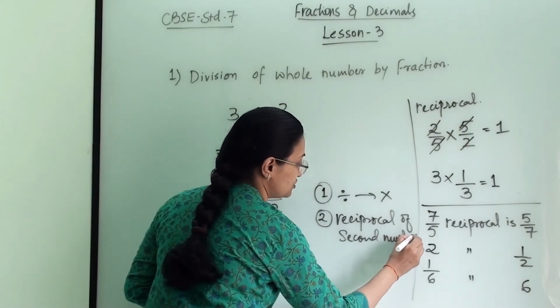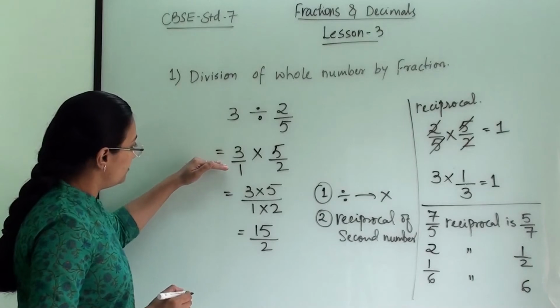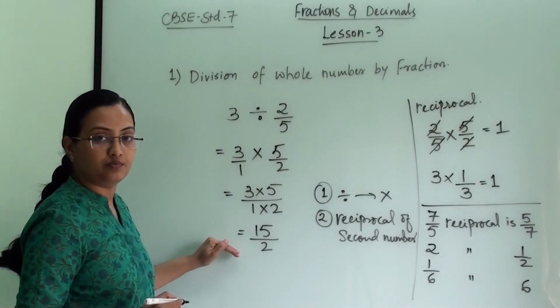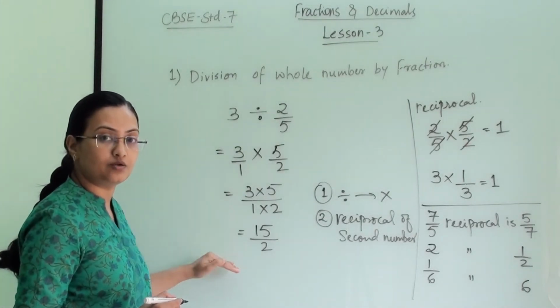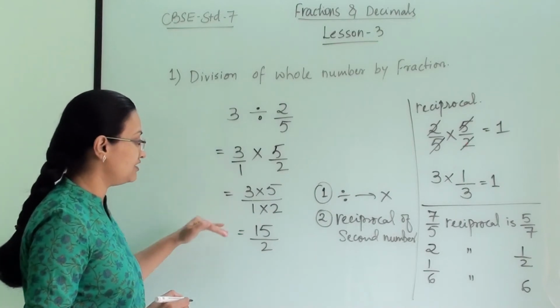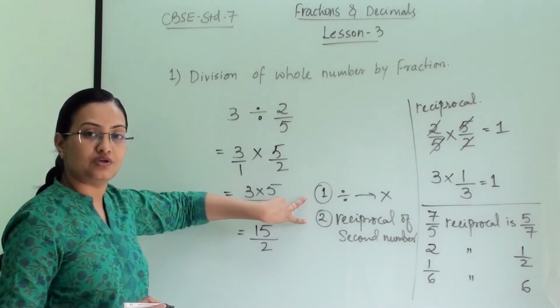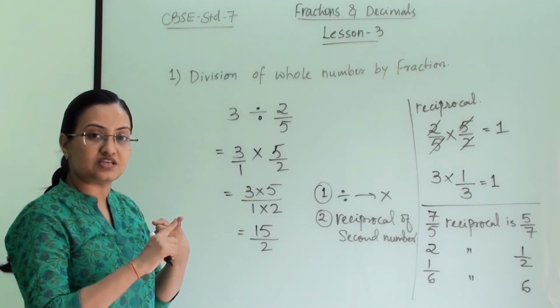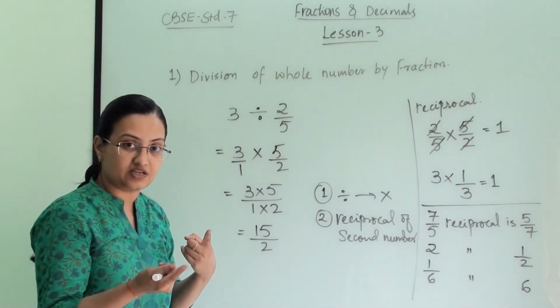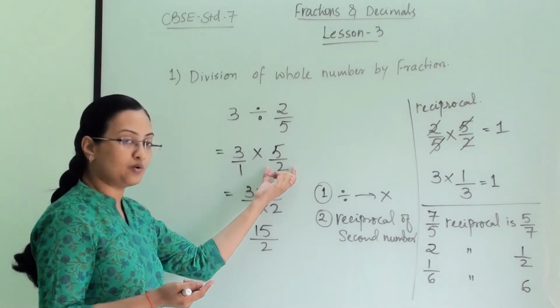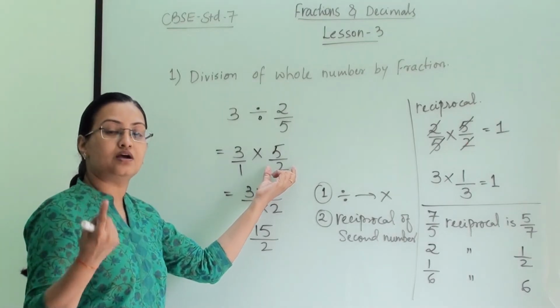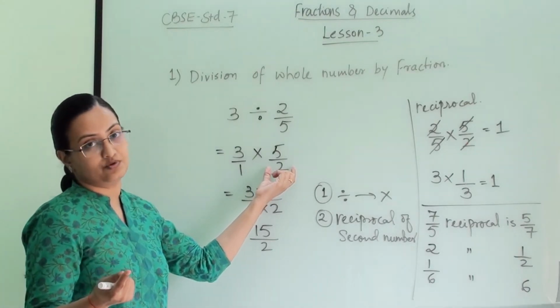So these are the two steps, and then we follow the multiplication; the same way we can solve the numerical. So these two steps we have to remember. The division sign we have to convert into multiplication sign, and whatever number is there here, we will convert it into its reciprocal.